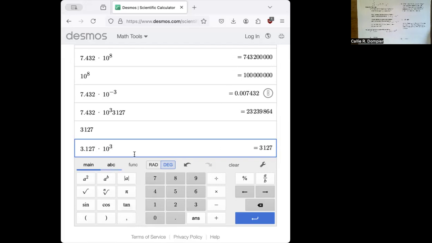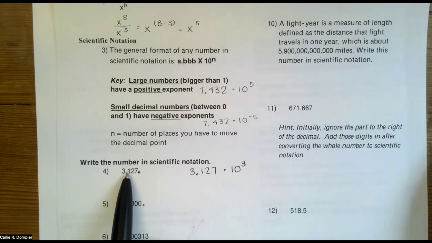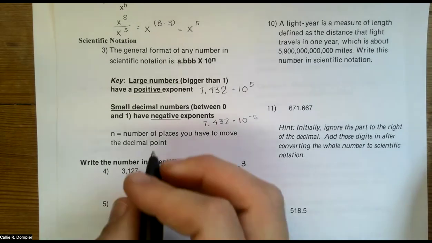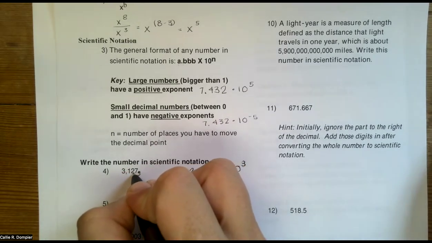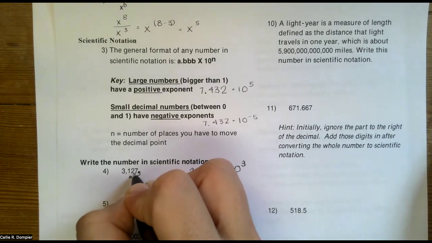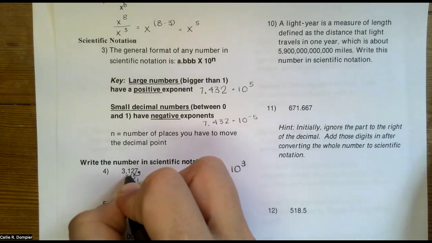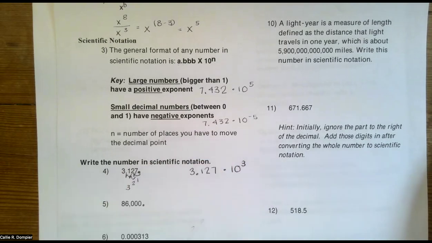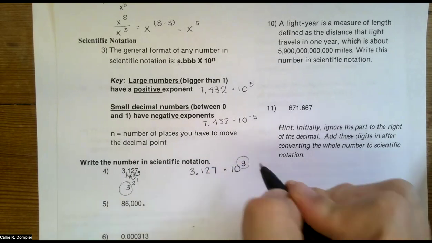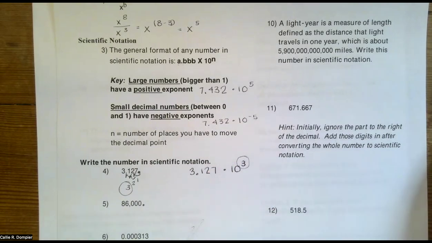Why? Because we moved the decimal point from right here to right here. We moved the decimal point 1, 2, 3 times.